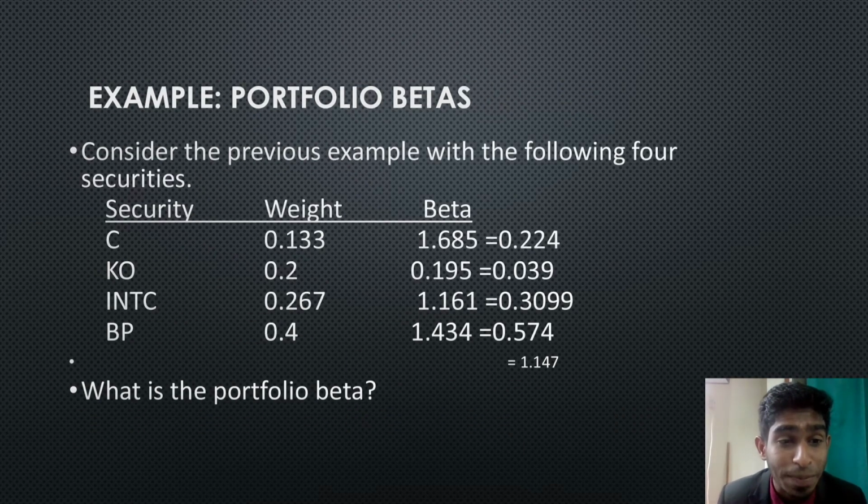Okay, this is a very important slide. Okay, let's see how to calculate the portfolio's beta. Consider the previous example with the following four securities, right? Okay, the C, KO, INTC and BP securities have weights and betas. So how to calculate the portfolio beta? It's very easy. We need to multiply the weight with the beta.